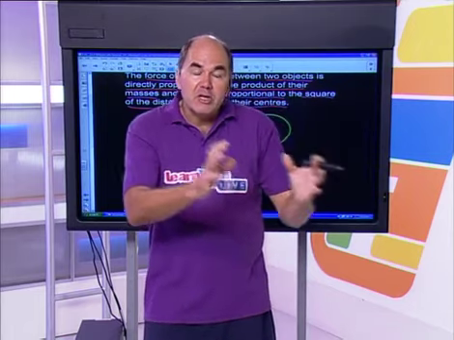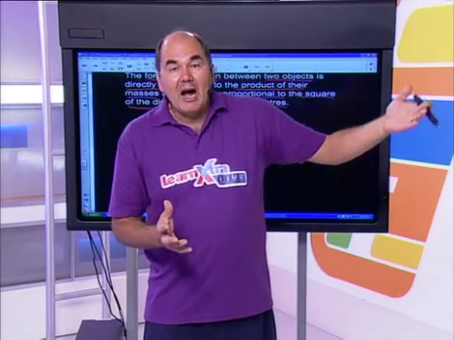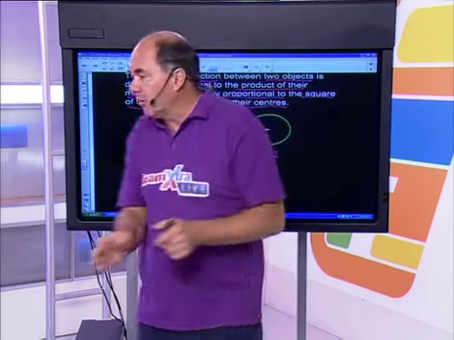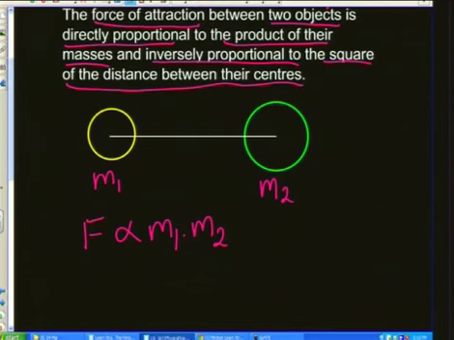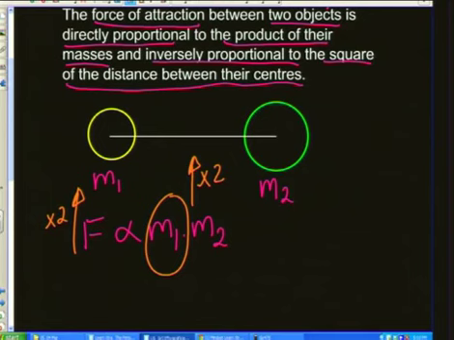When you increase 1 by a certain factor, then the dependent variable will increase by the same factor. So let's just take it like this. If we start with mass 1 and then we double the mass of m1, what's the force going to do? Well, it's going to double as well. So if we increase this mass, make it go up by a factor of 2, then the force will increase by a factor of 2.